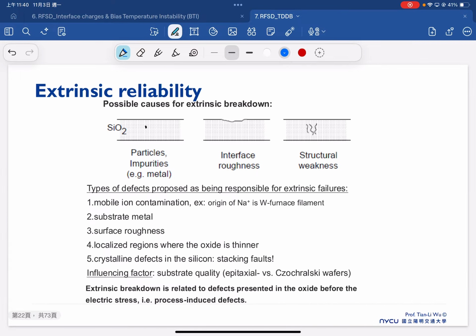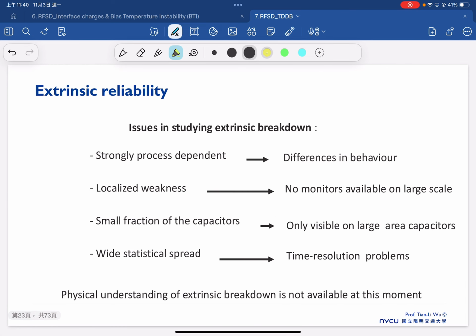So here are some more possible reasons for the extrinsic reliability. I will not go into the detail because that's also case by case, depending on what your process is, what your dielectric is, what your substrate is. Anyhow, the extrinsic reliability is always related to the process-induced defects. So when we study the extrinsic breakdown, there are certain issues.